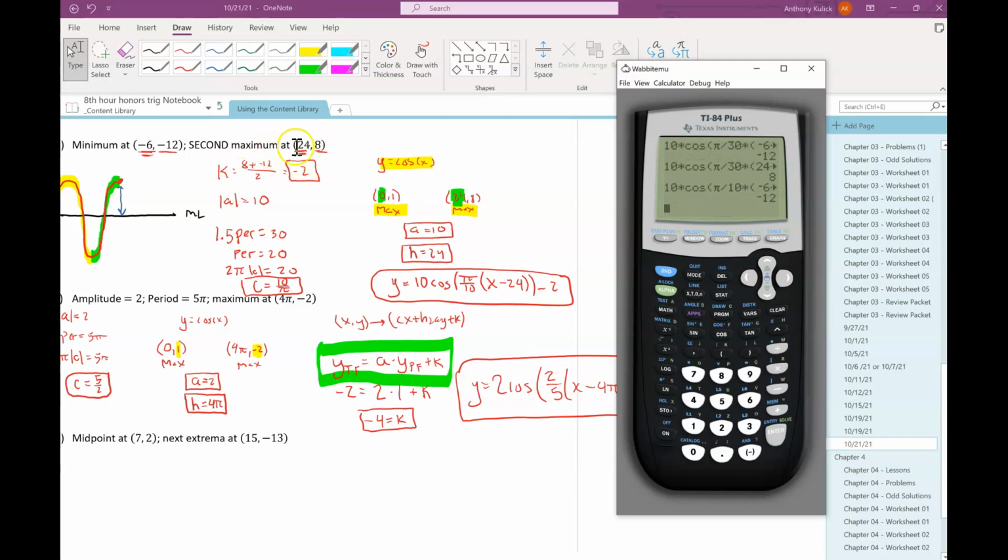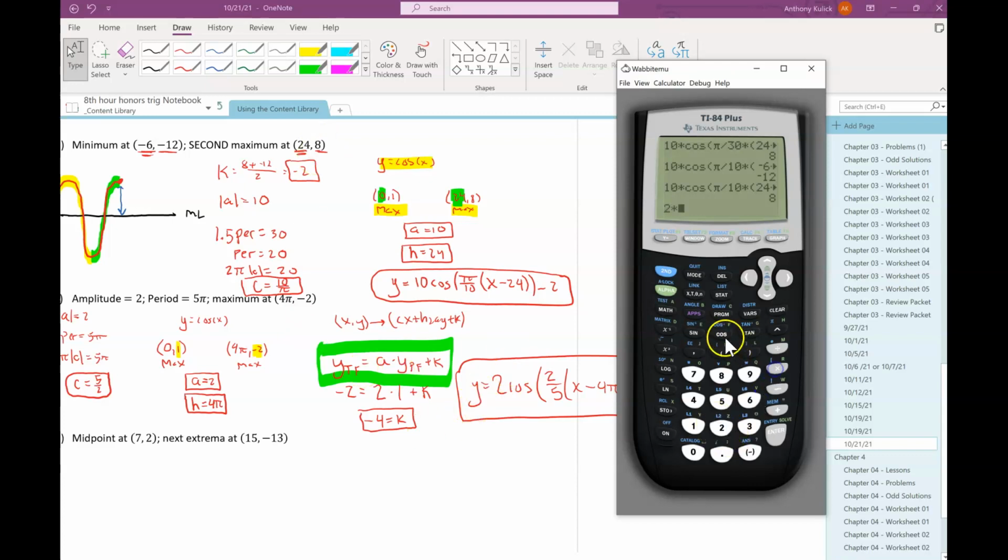I also need to check that if I plug 24 in, I still get the same result. So I just take the same thing and edit it, and I did get the y coordinate, so I'm pretty confident that that one's correct. And we could do the same thing here.